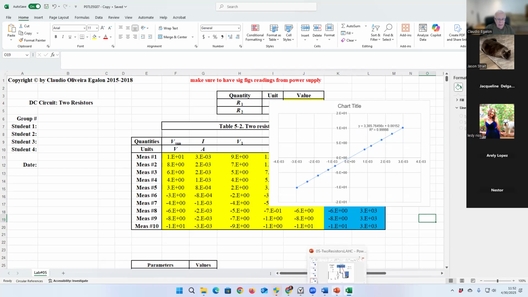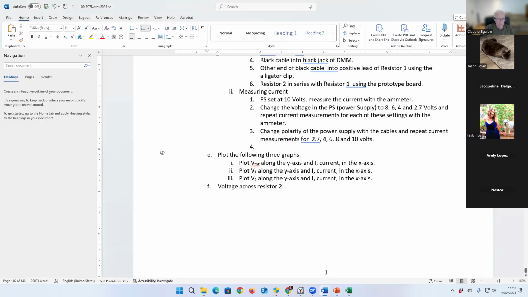Okay, and let's see here. Plot V total along the y-axis. Get the regression equation and R-square value.